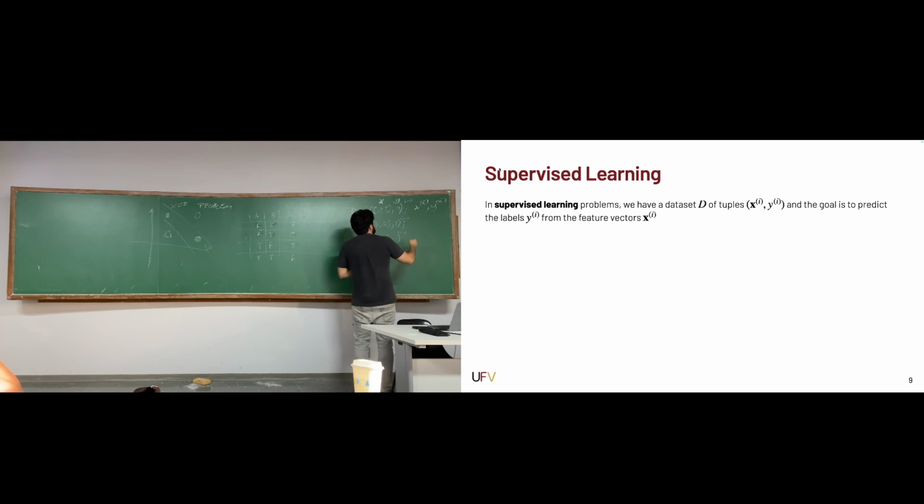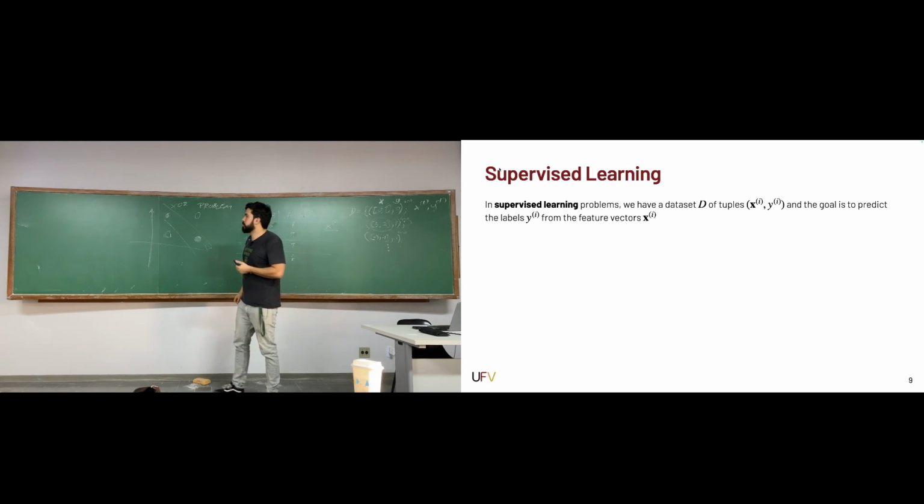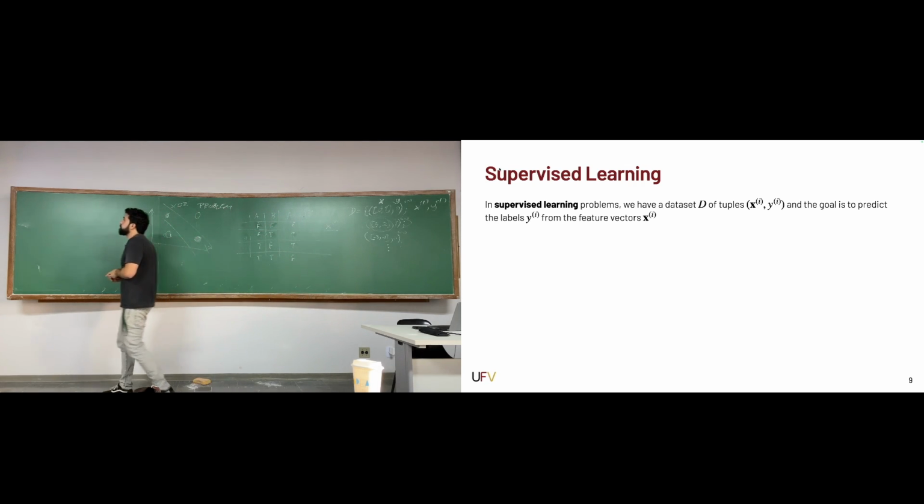So whenever I say, for example, x1, y1, I mean this pair. If I say only x1, then I mean the feature vector of that element, which is 5, 2. Okay? So this is the notation I'm using. Is this clear?